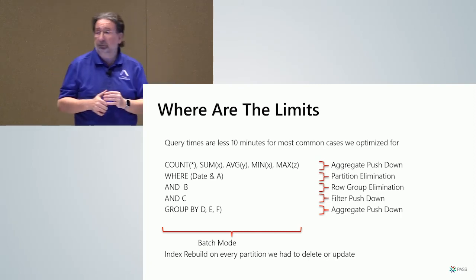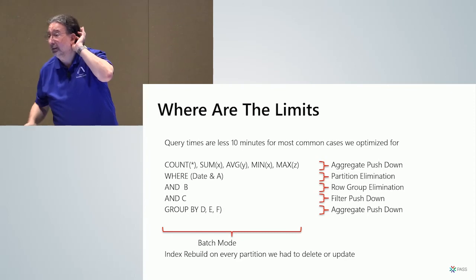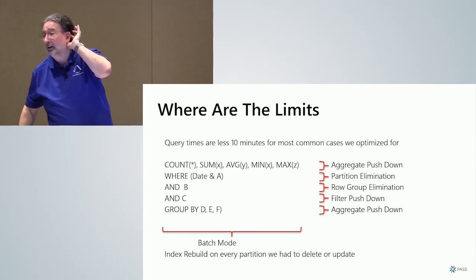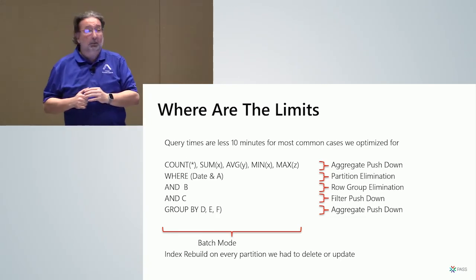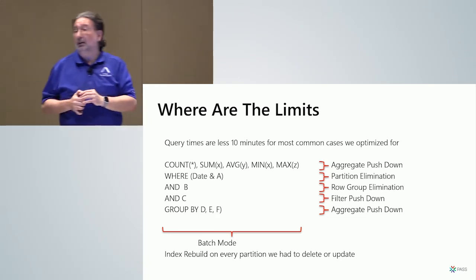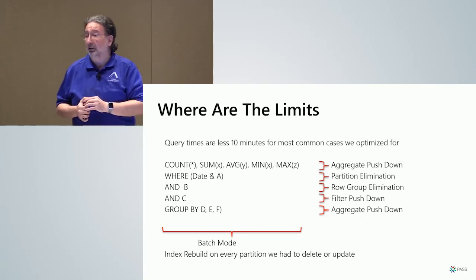Yes, in the far back. On this 3 trillion row table, have you done any joins with other tables? So the question is, on this table, are we joining? Yes, we're joining with 6 other tables. Almost every query joins with all 6 of them.